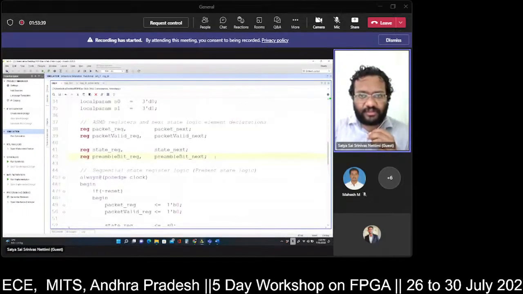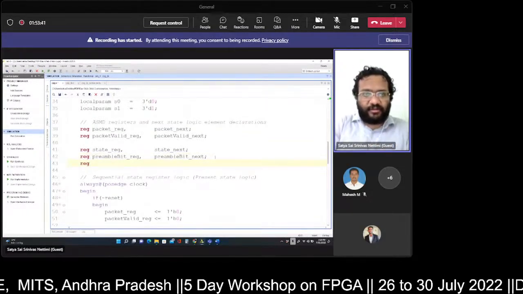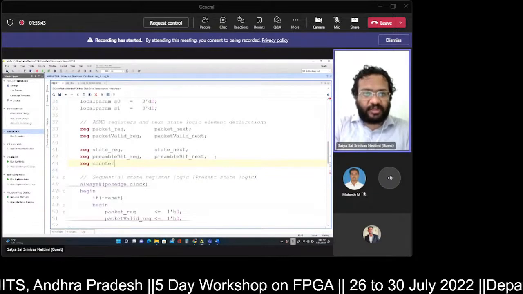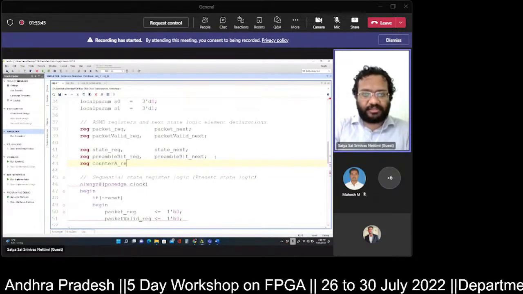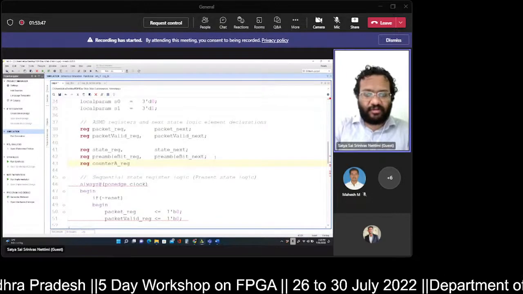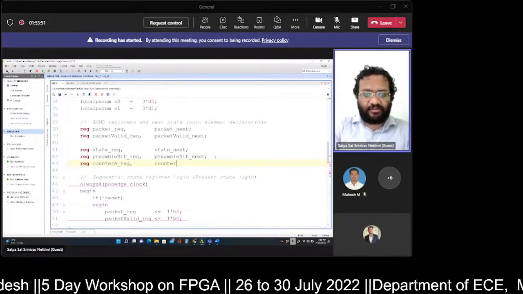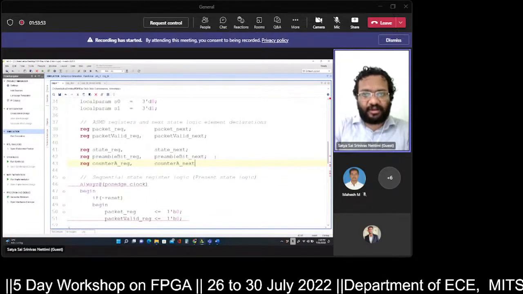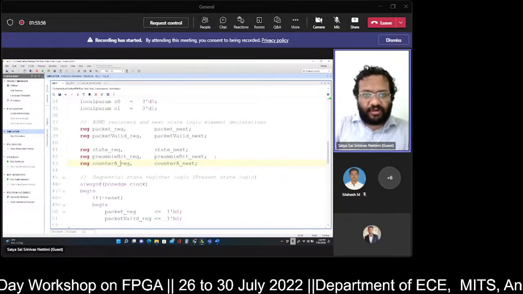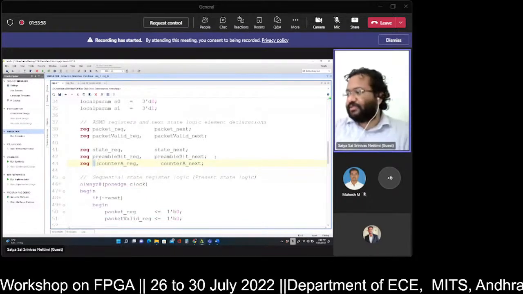So what I do is I will name this counter as counter A underscore, and combinational next state part. So this counter is of 6 bits, right?